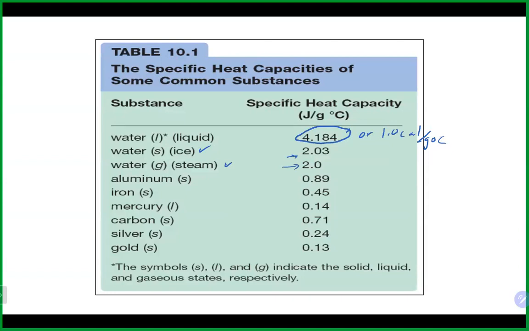Why is the specific heat capacity of liquid water really important? Well, we could use it to our advantage in a lot of cases because when we do chemical reactions, they are solutions. And solutions are aqueous, and aqueous basically means a water environment.